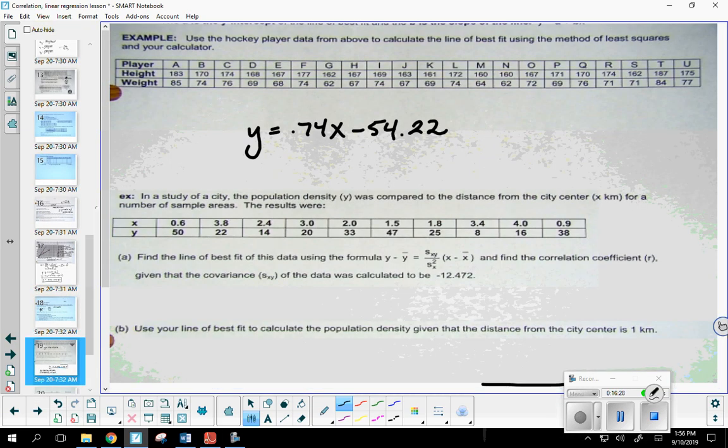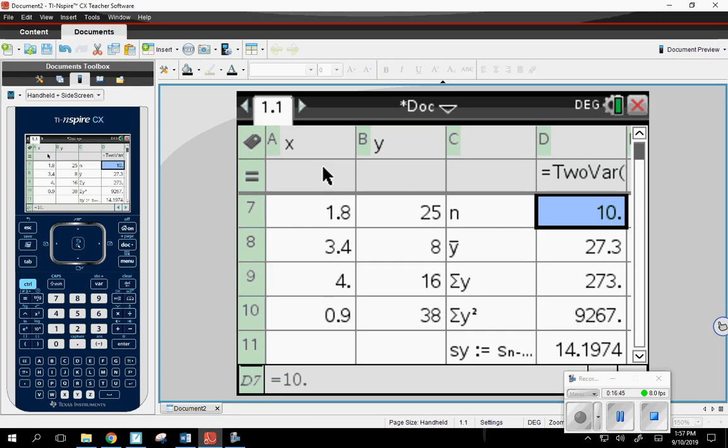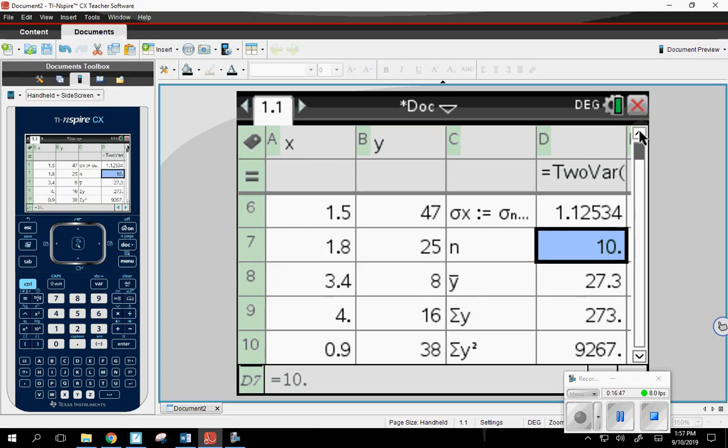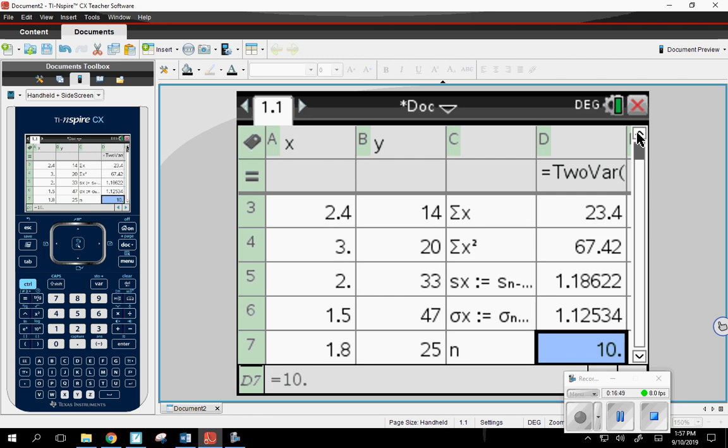Negative 12.472. So S sub xy divided by S sub x squared: negative 12.472 divided by, now let's figure out what the standard deviation for the x's was. Okay, there we go.